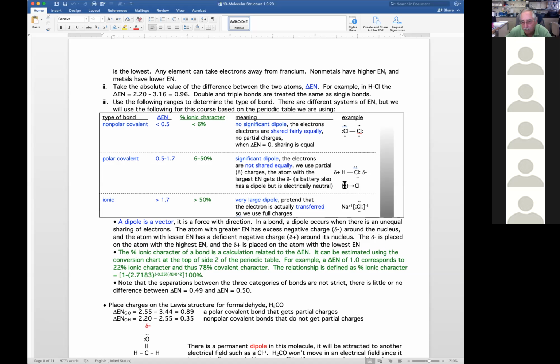They're not shared equally like they are here because chlorine has a much stronger electronegativity than hydrogen. So you create this dipole right here. This molecule behaves like a magnet. This likes to be dissolved in water. This likes to be a gas. Does not behave like a magnet. This one does behave like a little magnet.